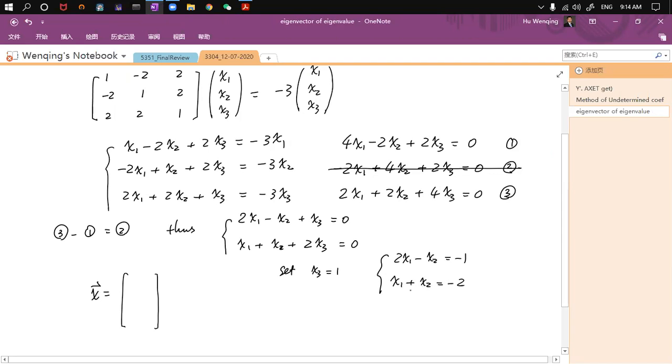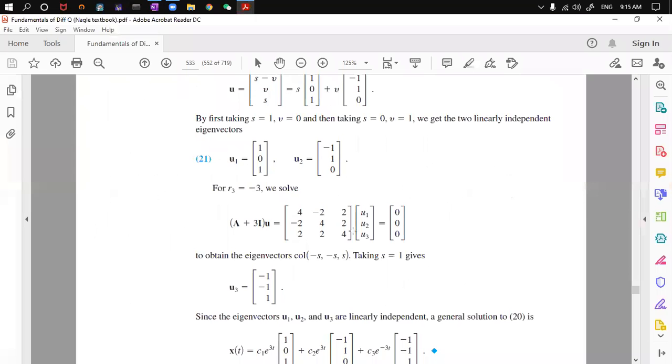So you add these 2 equations, so x1 is going to be minus 1, and x2 is then also equal to minus 1. So we're going to have minus 1, minus 1, and 1. That's the first eigenvector. Okay, so that's the first eigenvector that you can find.